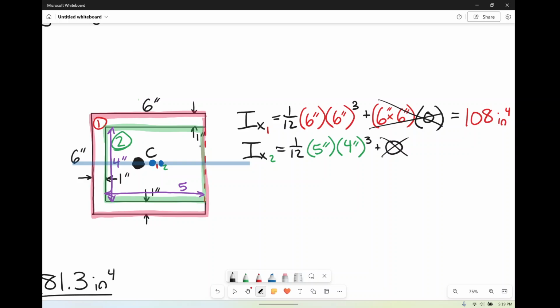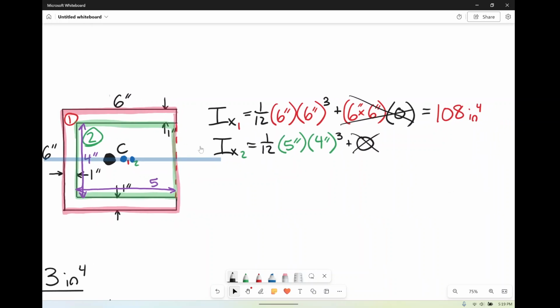So again, it is literally just going to be 1/12 base times height cubed. So for number 2, we get 26.7 inches to the 4th.